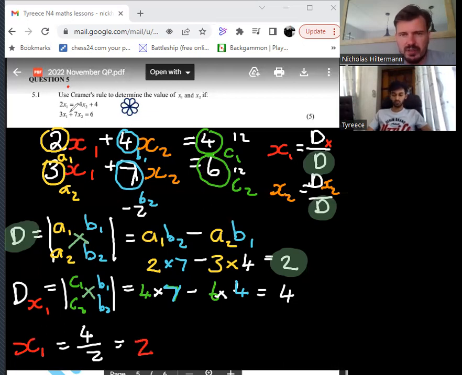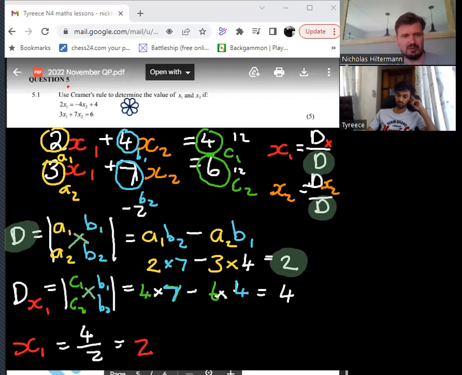Because when we times the 2, we times this one by 3. Well, I don't know if I need to do the proof, but it does actually work. Because if you make this 2 times 2 is 4, now we actually end up getting x2 to be 0 when this happens.